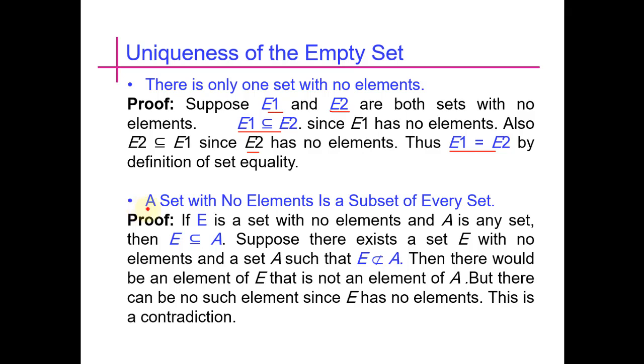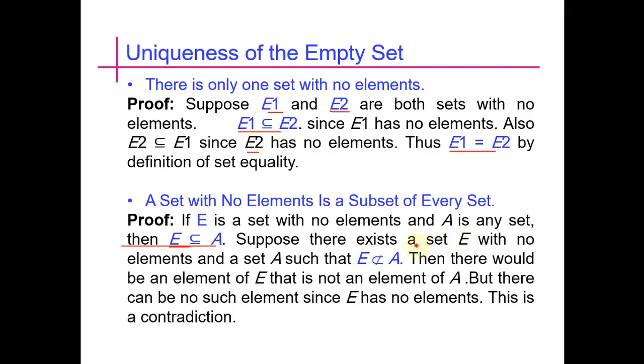The second statement is that a set with no elements is a subset of every set. So if E is a set with no elements and A is any set, then E is contained in A. This is the statement to be proven.